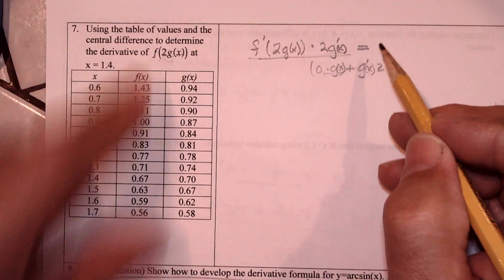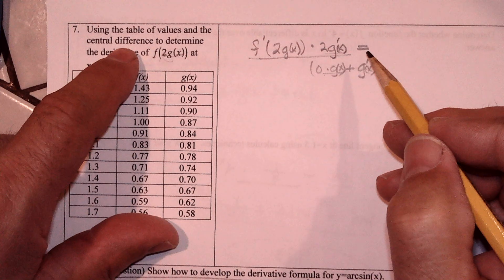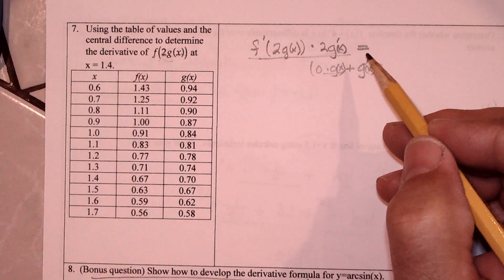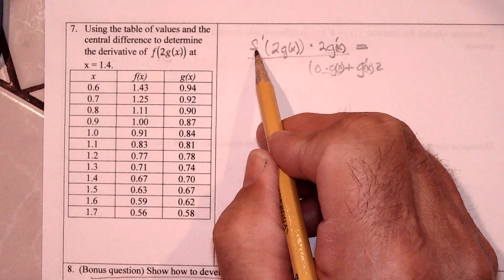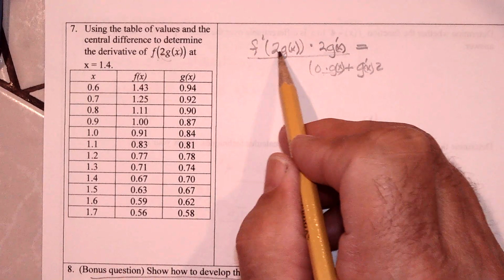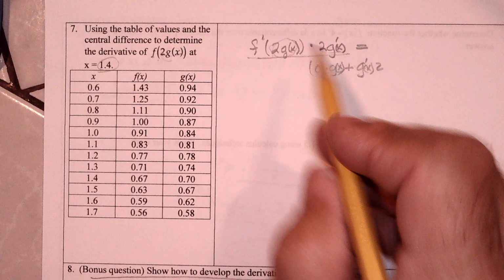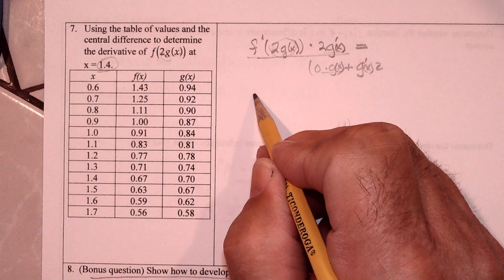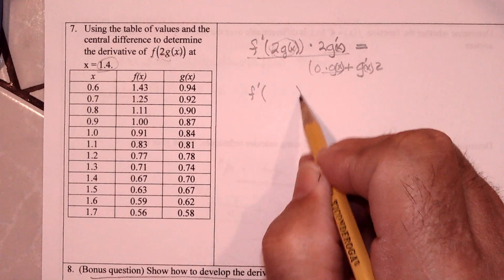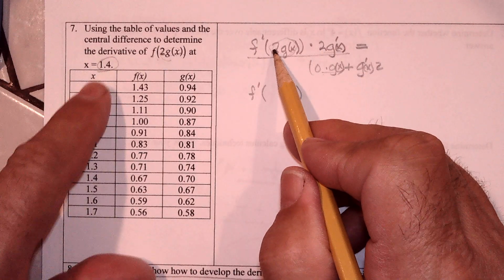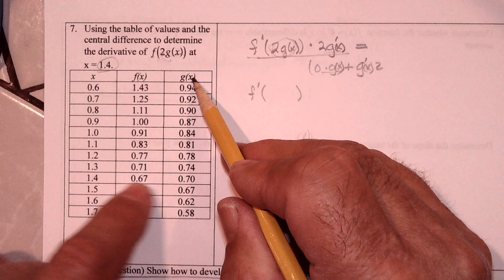Now, we want to actually find the slope using this table and the central difference theorem. We're supposed to find the slope of f at x equal to 1.4. So we're trying to find the slope of f at 2 times g of 1.4.